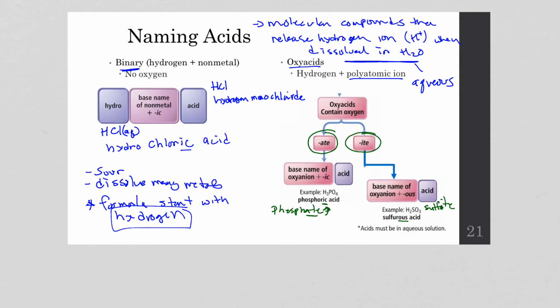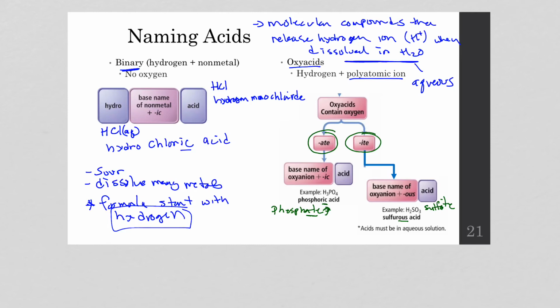Now, I will point out that there are some linguistic things that do come into play here that we just have to get used to. So you notice that it's not true that we just pull off the ATE and change the ending. It's not phosphic. It's phosphoric. So we really do just alter the ending. So phosphorus becomes phosphoric.